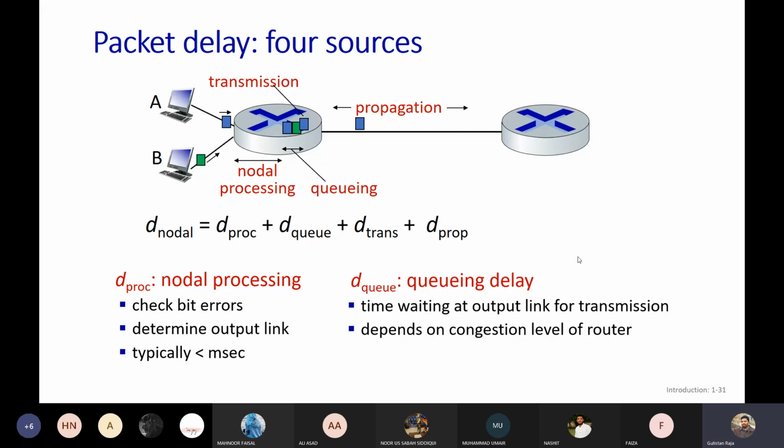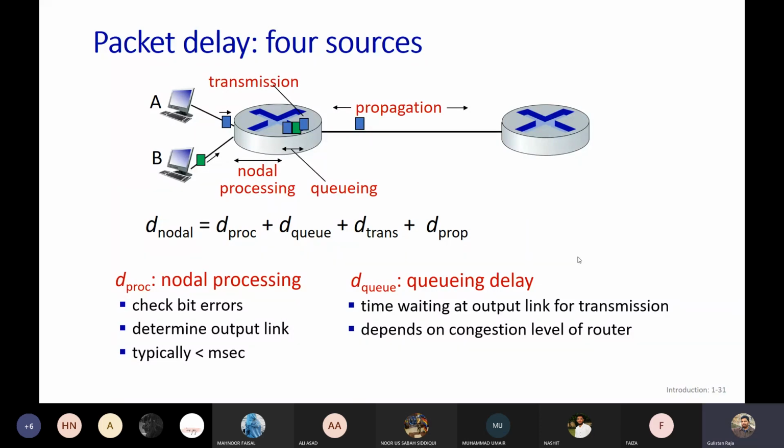There is no fixed time we can find for it. It is quite possible that at a certain time the router queue is full, so it will take much more time to be transmitted to the output link. But if the router is not congested, it can be transmitted quickly. So this delay is variable. This is what we call queuing delay.